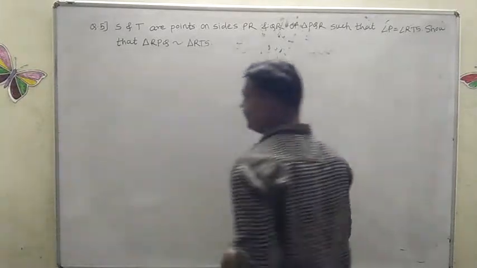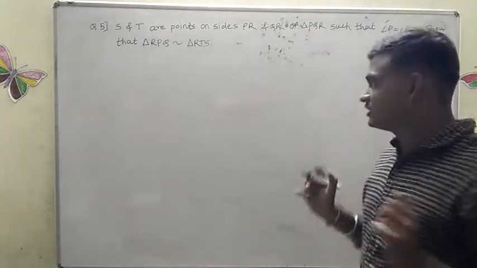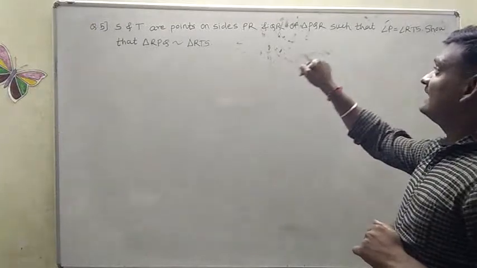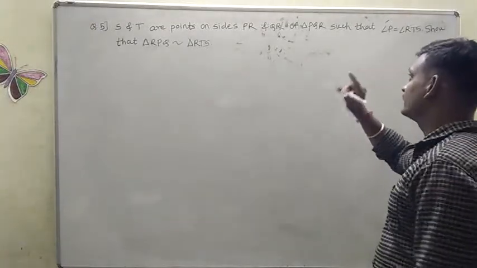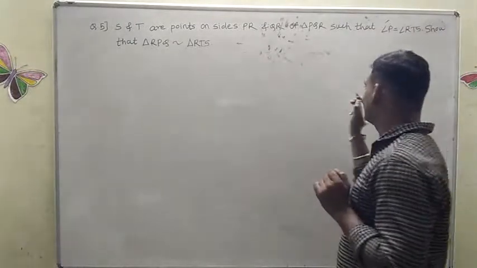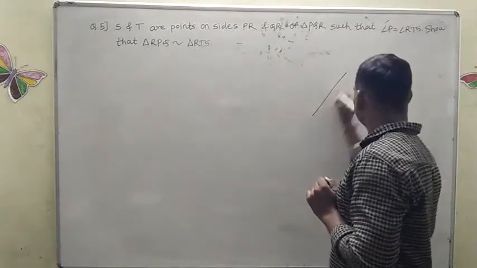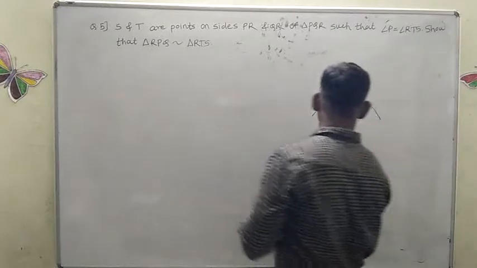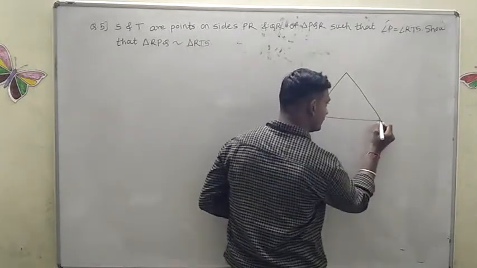See here, first we will draw the triangle according to the given condition. What is given? S and T are the points on sides PR and QR of a triangle PQR. So first you have to draw triangle PQR. See here, this is triangle PQR.